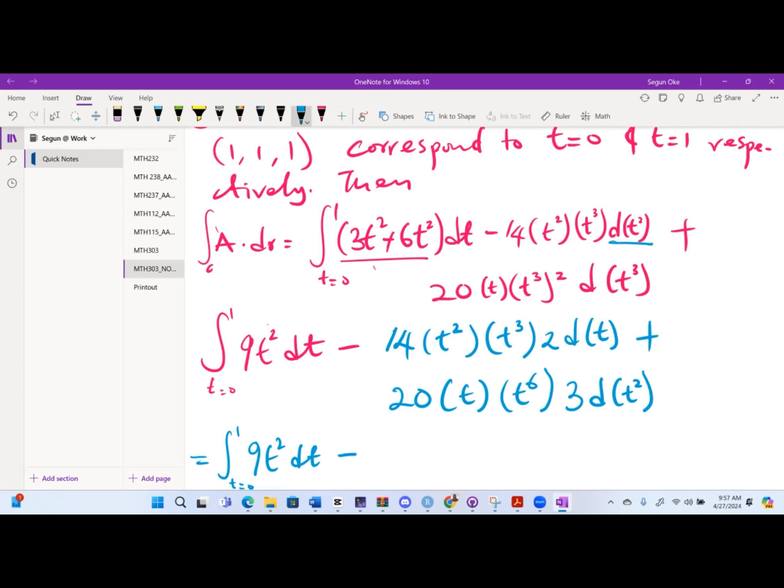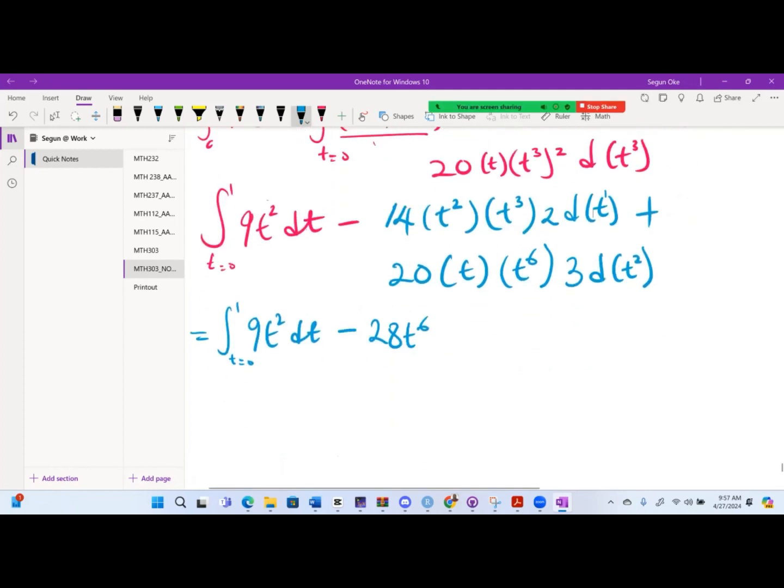Minus 28 t raised to power 6. There is 1 here, there is 3 here, there is 2 here. Okay. Do you agree with me? Yes, sir.